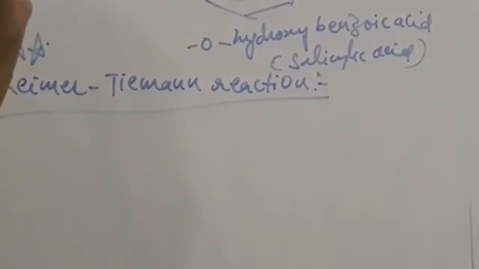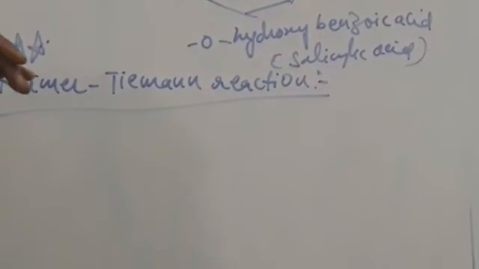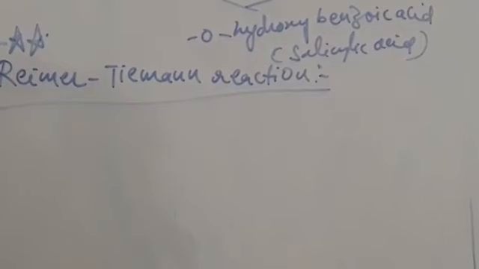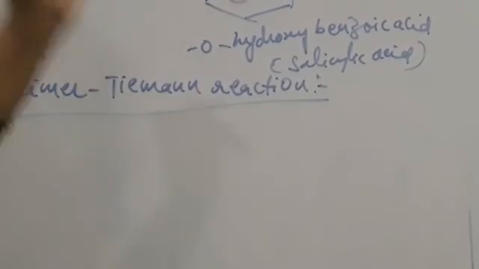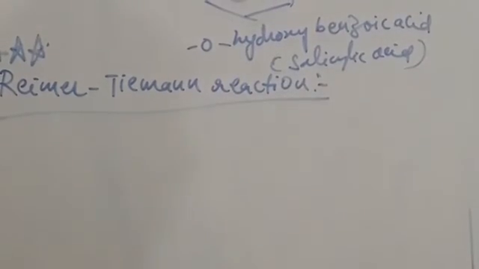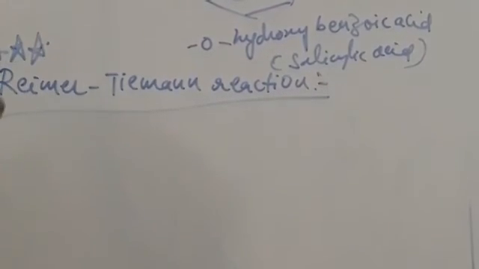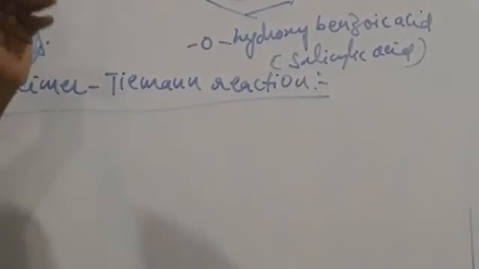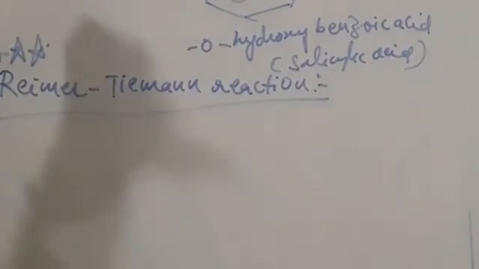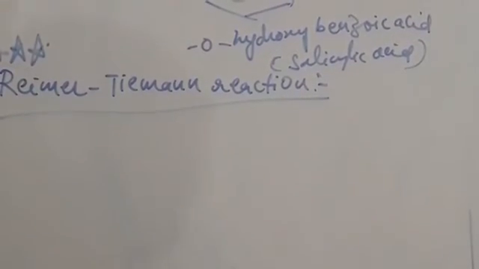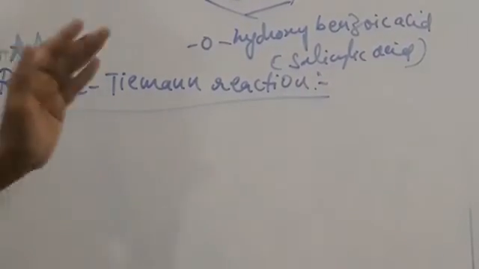First we get an intermediate compound, and that intermediate further undergoes reaction with sodium hydroxide, followed by acidification. Finally we get orthohydroxybenzaldehyde. So what is the first step here? Phenol is treated with chloroform in presence of sodium hydroxide.